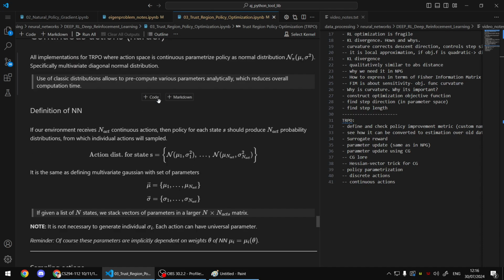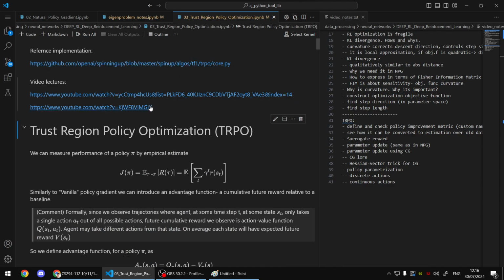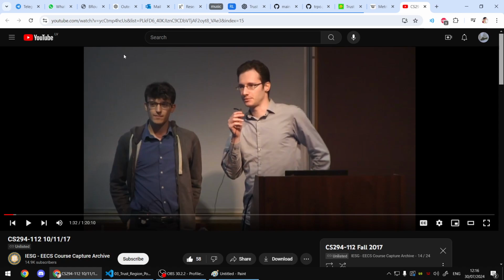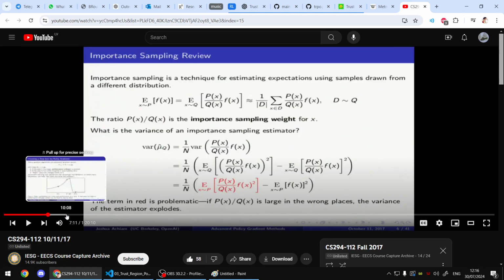Maybe what I want to mention is that there's an amazing resource, a lecture covering the policy gradient methods. It's very good, in my opinion.